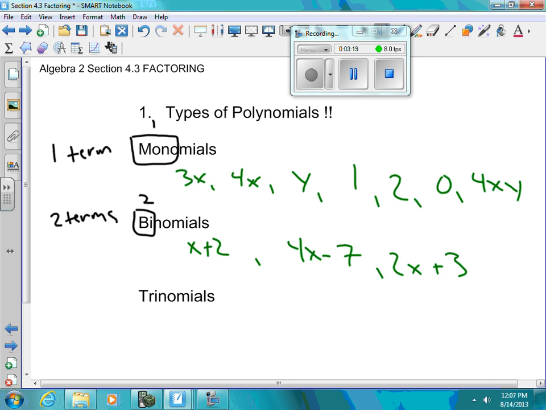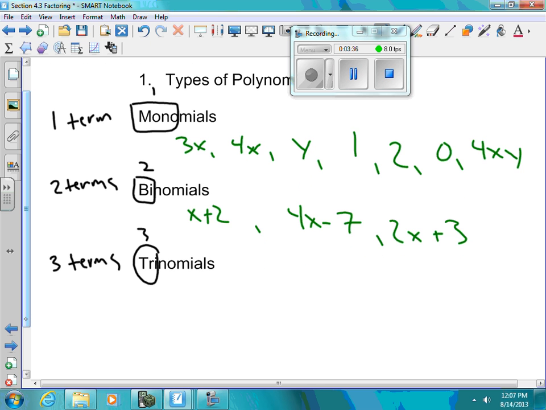Now they're all connected. And last but not least, if we have 3 terms, it could be 2 plus or minus sign combinations, it's a trinomial. Tri is 3. Tricycle, triangle, 3. So a trinomial. You get crazy ones: 3x minus 5 plus y.